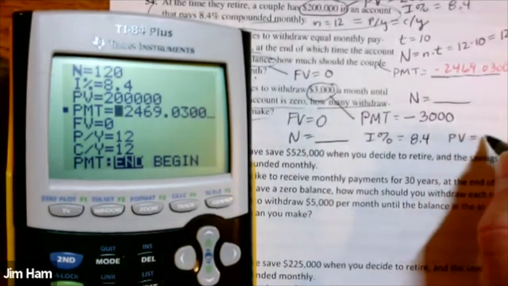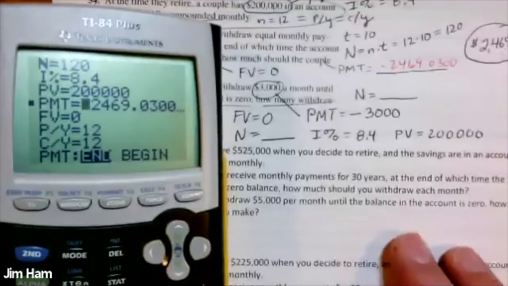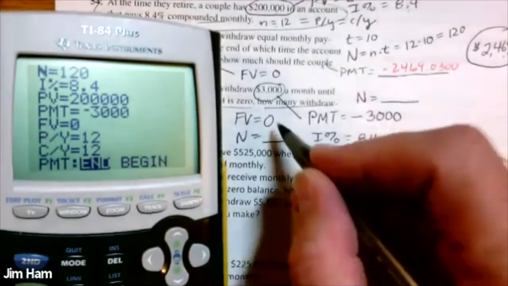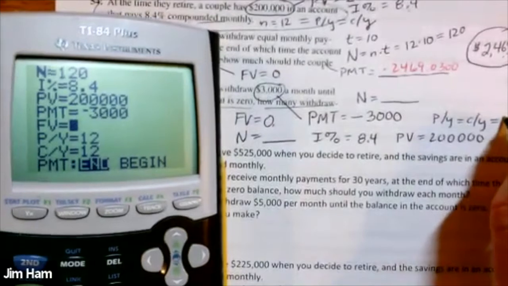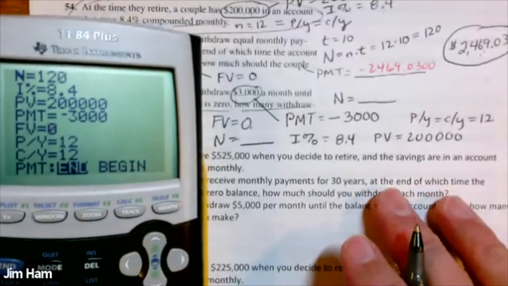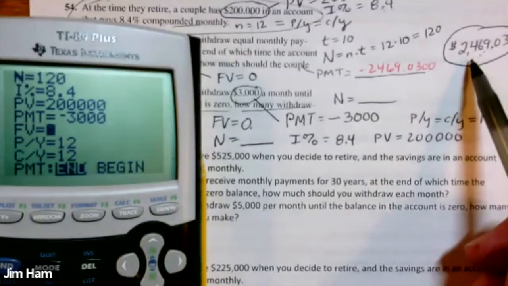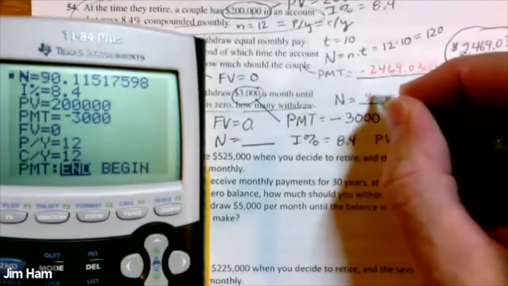The present value is what they've saved over their working career, still the 200,000. The payment, negative 3,000. The future value is zero, and the payments per year, compounding per year, is equal to 12. So we're still going to have 12 payments per year, but instead of the 2,469, they want to pay themselves a little bit more, 3,000.